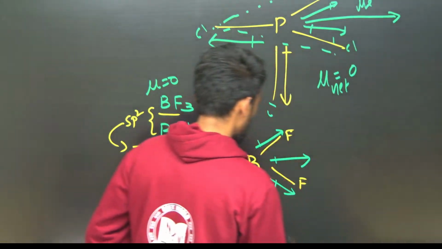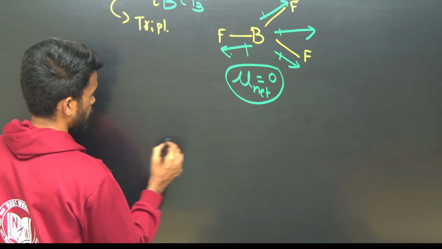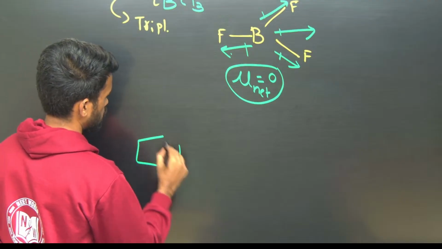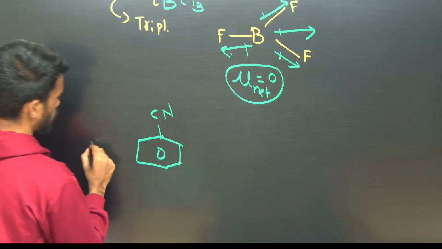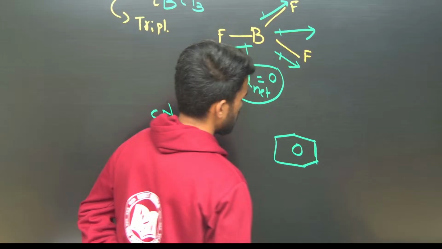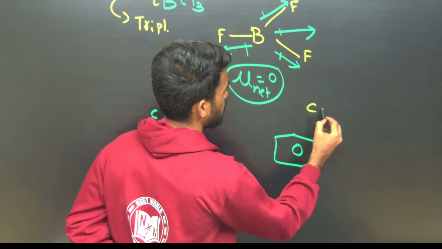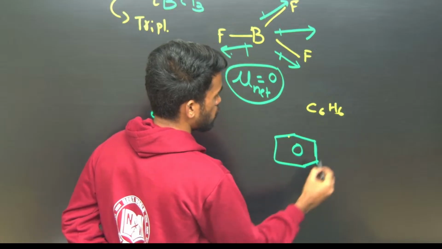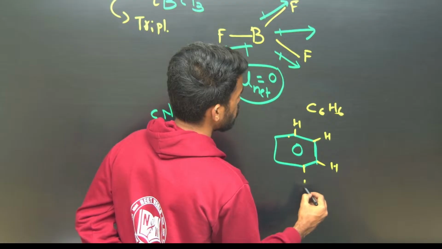Now if I want to give you some other compounds, first of all I am writing a benzene ring like this. In this benzene ring the formula is C6H6, all the carbons have 1 hydrogen, so there is no net dipole moment.